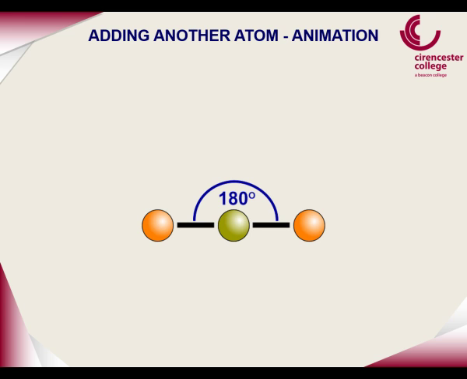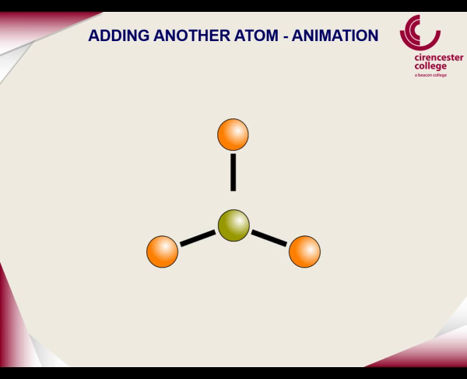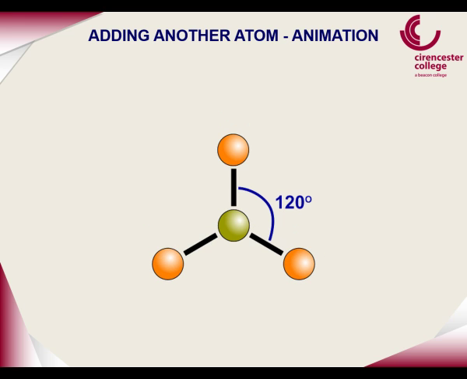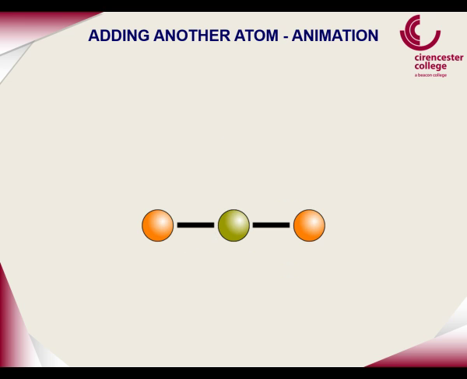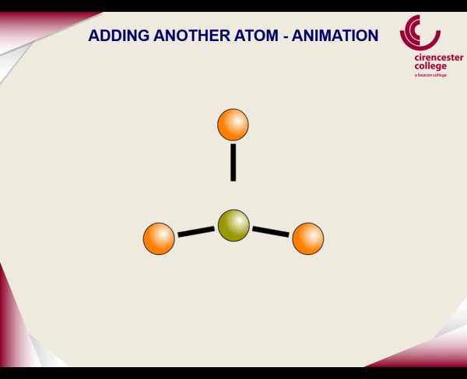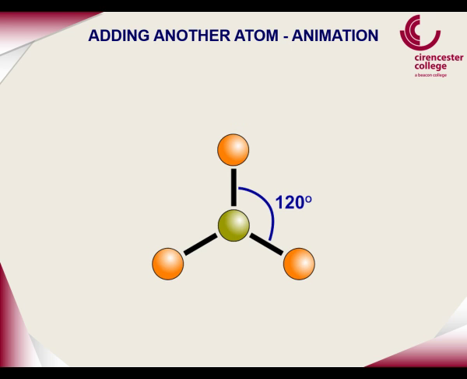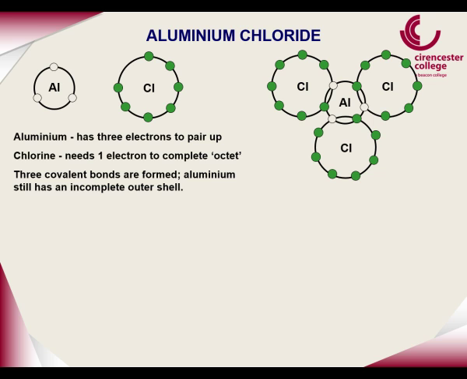So we started with a 180 degree angle, and we're going to add an additional atom to the structure. As you can see in the animation, the preferred bond angle is going to be 120 degrees. An example is aluminium chloride.